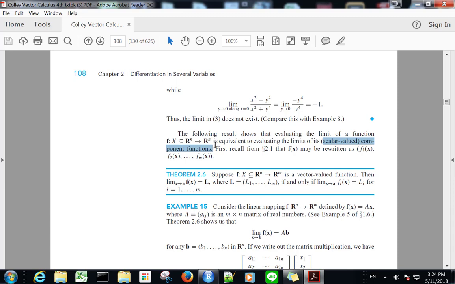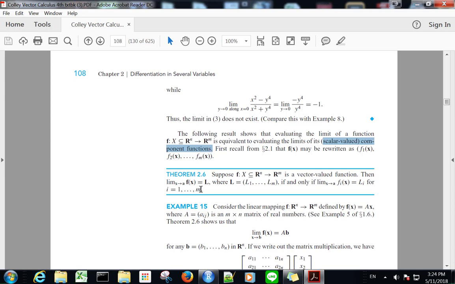It turns out that if you want to know the limit of f, you can just concentrate on the component functions, or view it as its component functions. So remember that if f is like this, then f can be rewritten like this. So we have m component functions.